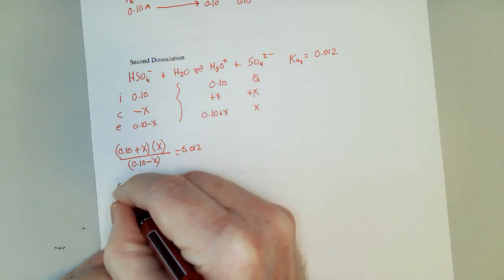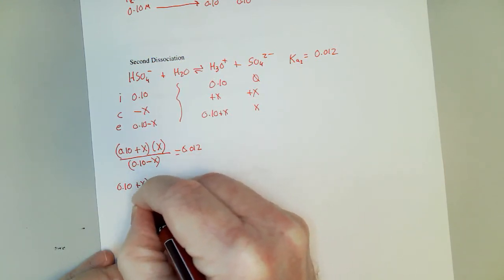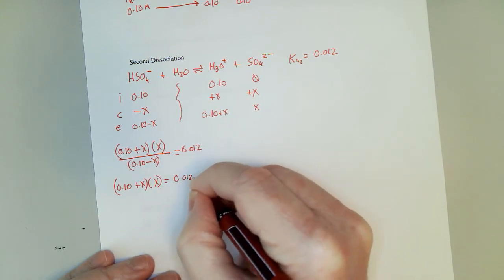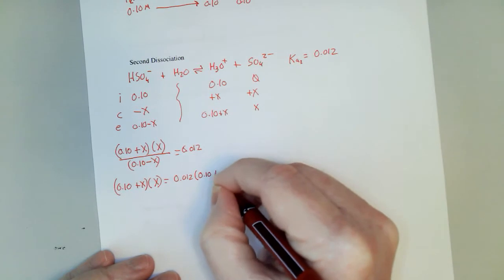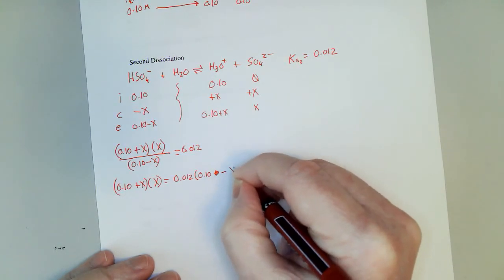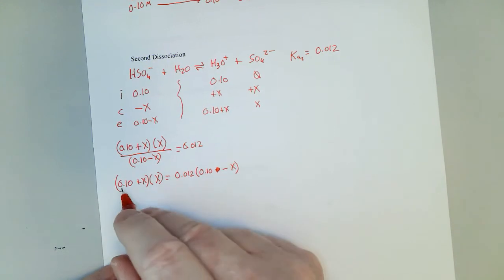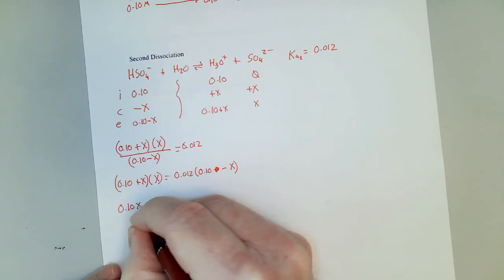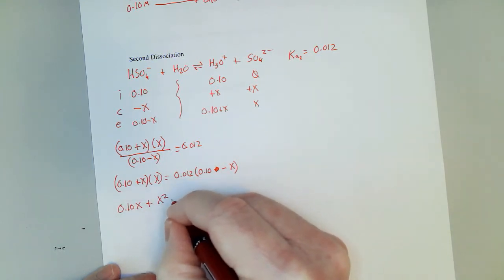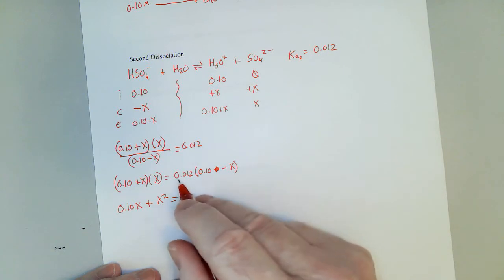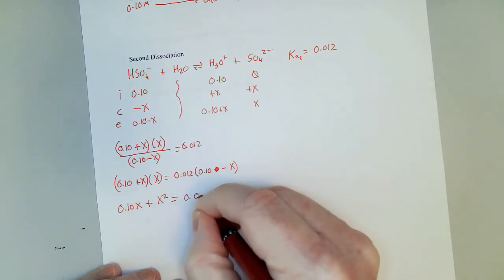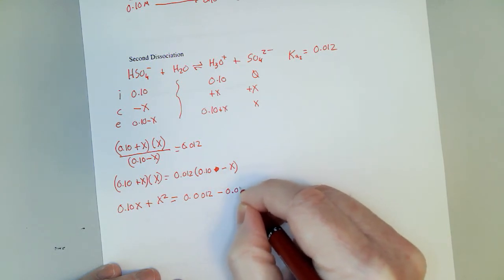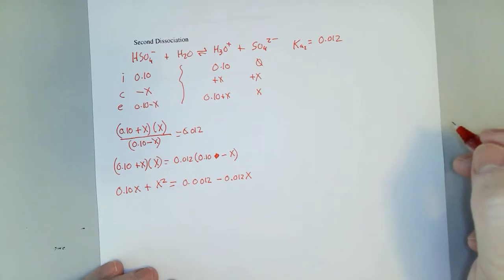So what I have on this side is 0.10 plus x multiplied by x equals 0.012 multiplied by 0.10 minus x. So this times this gives me 0.10x plus x squared equals, this times this is 0.0012, minus 0.012x.